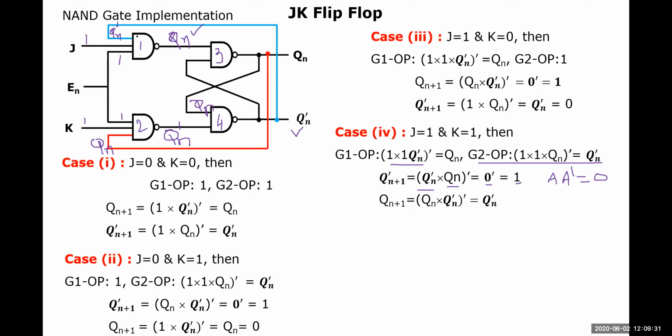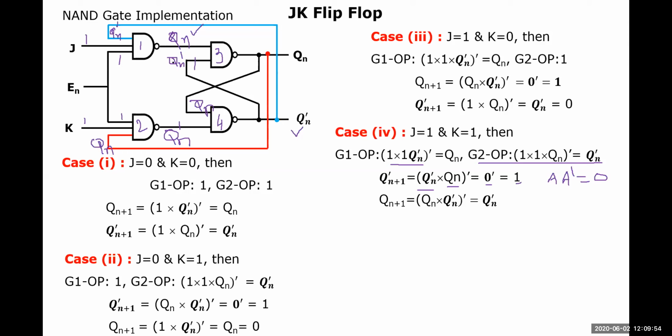Substitute this 1 here, this particular 1 here, otherwise directly Q complement n will also be substituted here. You are not supposed to substitute Q complement n here, because it may give you some wrong information.